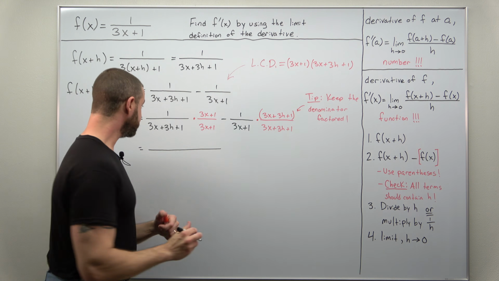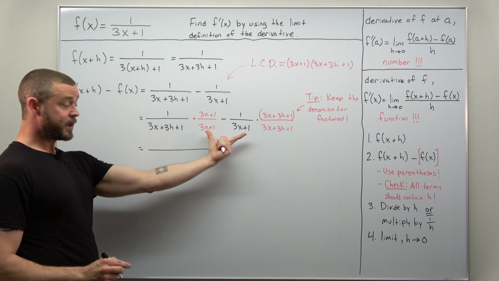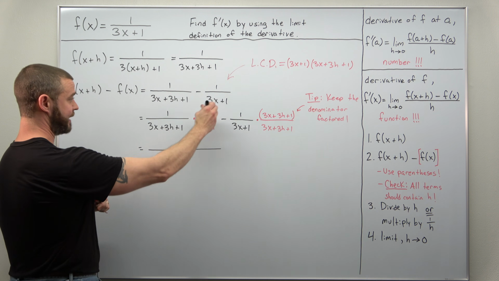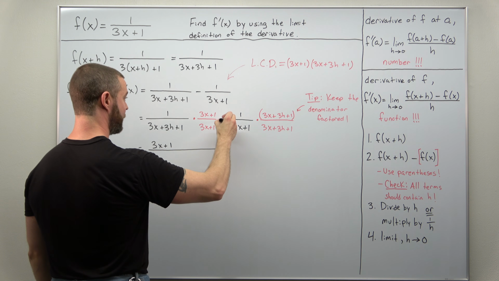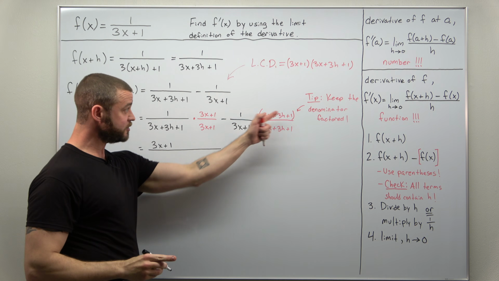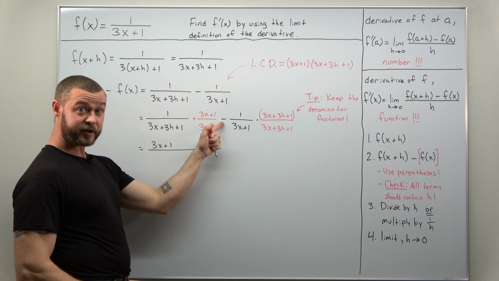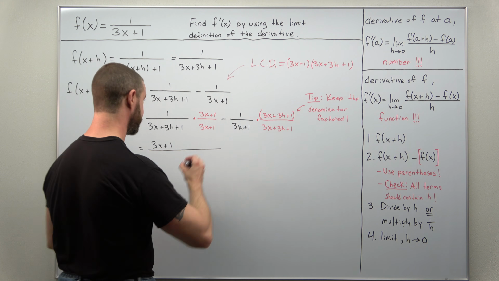All right, so let's take our time. We're going to basically multiply the numerators there, and now that we have fractions with the same denominator, we can subtract the numerators. So we have 3x plus 1. Now minus, and be careful, make sure you use parentheses. There's a very common sign error that can occur here due to the subtraction sign and then the several terms in the numerator here.